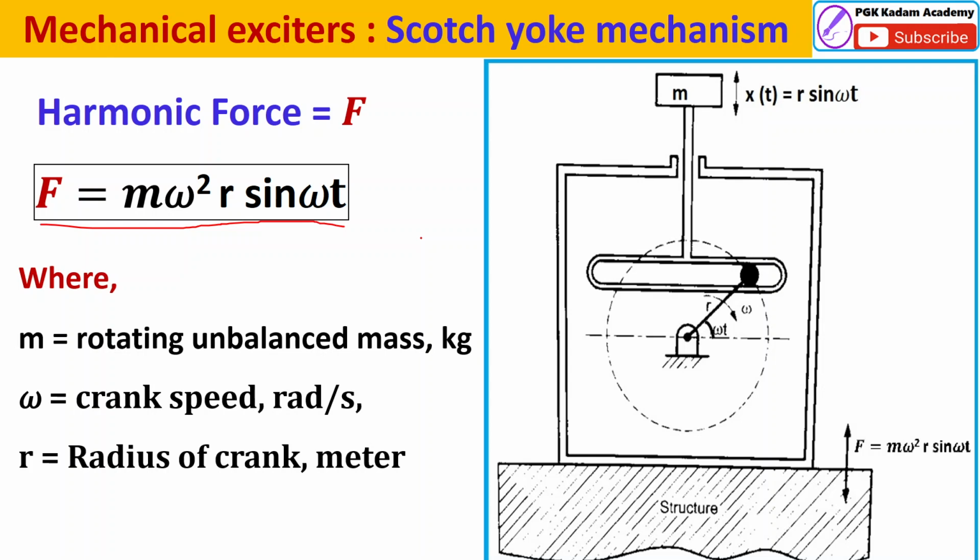The other end of the crank slides in a slotted rod, which reciprocates in a vertical guide, and the harmonic force applied on the structure by the exciter will be F. You can calculate F = m ω² r sin ωt, where m is the rotating unbalanced mass, ω is the crank speed in radians per second, and r is the radius of the crank. This Scotch-Yoke mechanism is nothing but an inversion of the double slider crank mechanism.